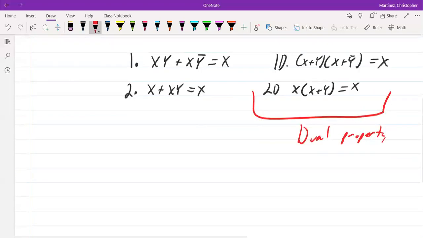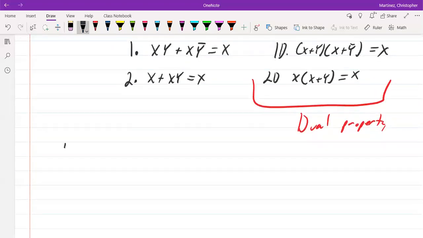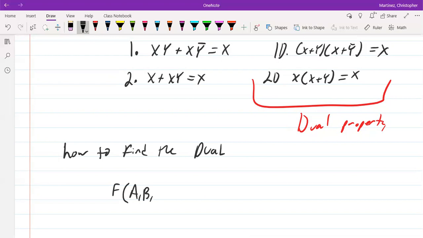So how do we find the dual? Well, the way we're going to find the dual is, let's say I have an expression, and that expression is f of a, b, c, and d. I can say I'm going to find fd, and that will be that we're going to do the dual property to it.